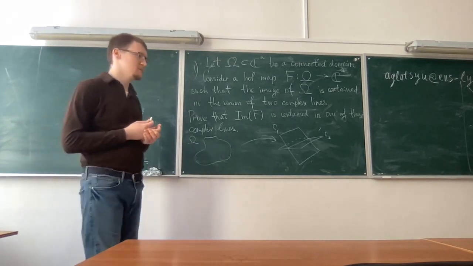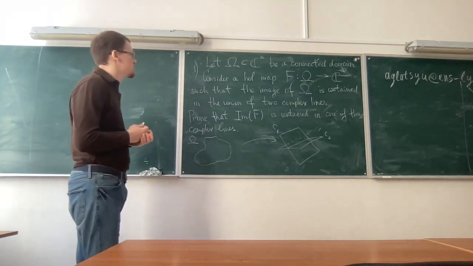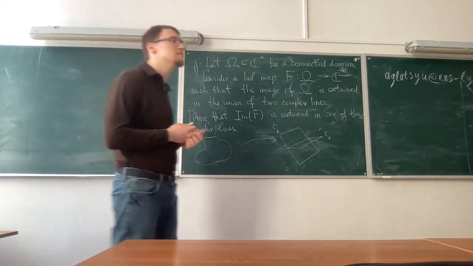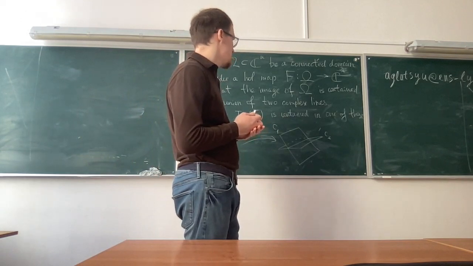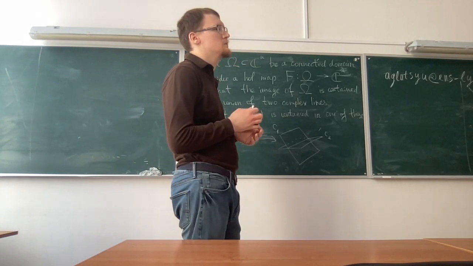Yes. I have a question. I think the image of omega should be open. And is it possible that two lines contain an open subset of C2?